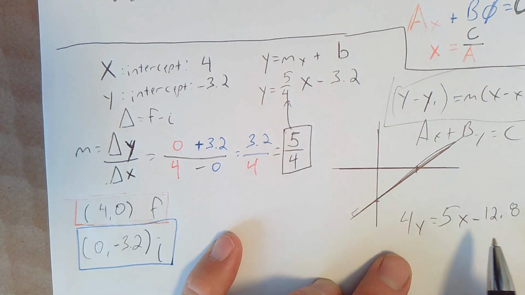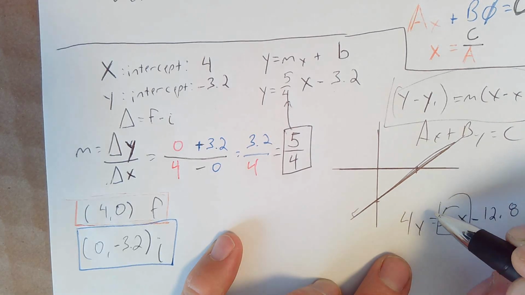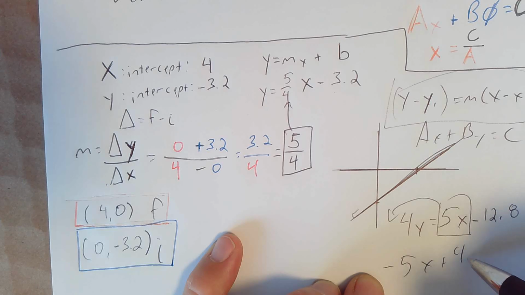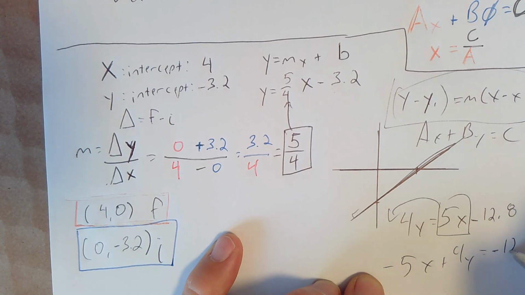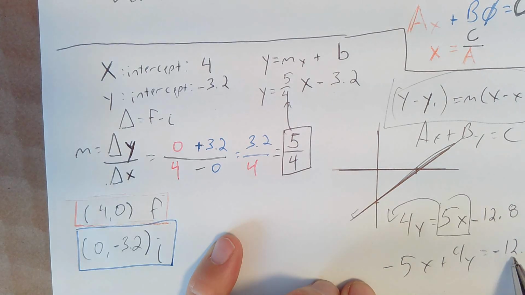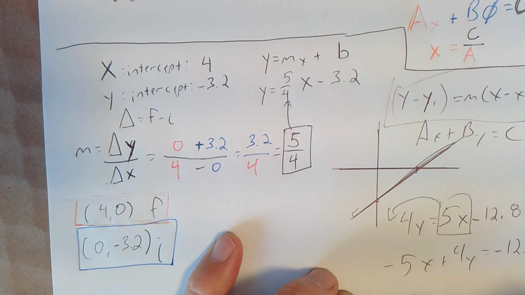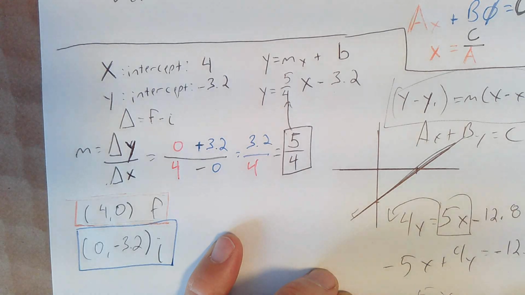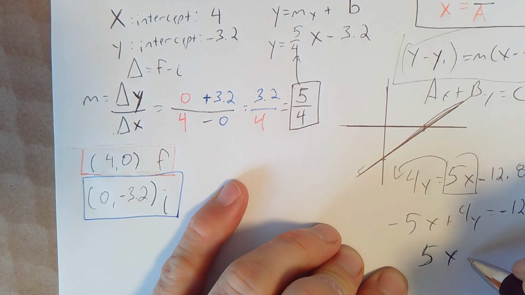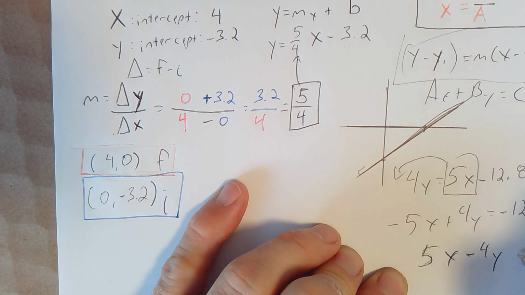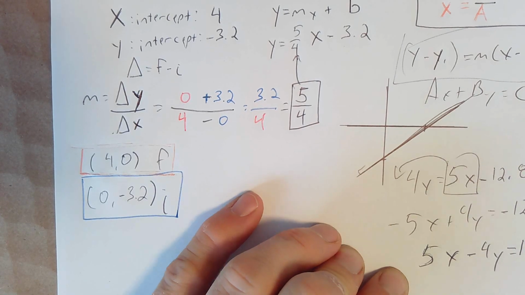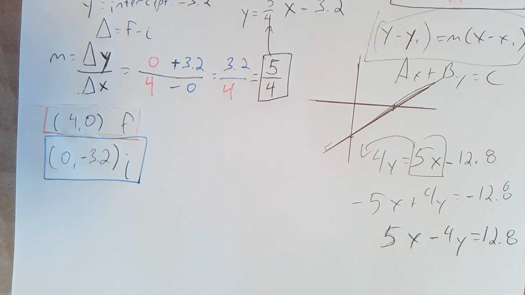All right, so from here, we're going to go ahead and just take this x and move it over to here. We're just going to make it a negative 5x plus 4y is negative 12.8. And now we're just going to multiply everything by negative 1 to get this to be a 5x. So it's going to be 5x minus 4y equals 12.8. So that's how you go about that one.